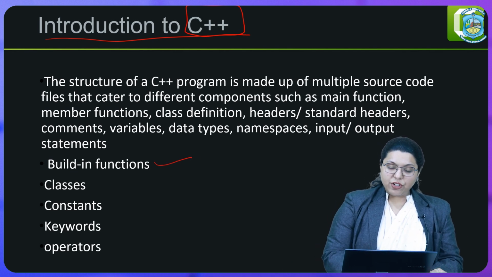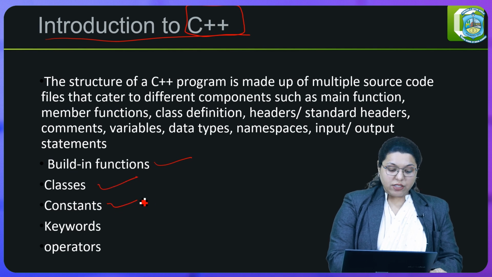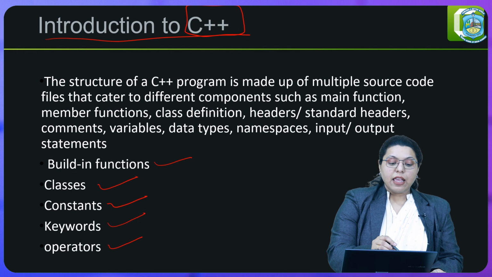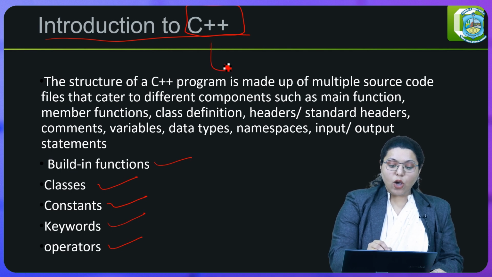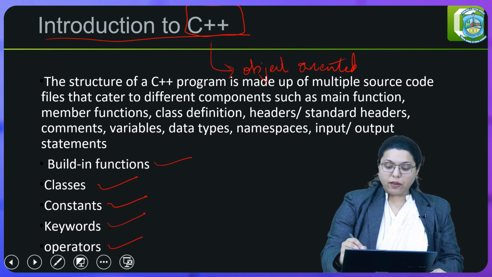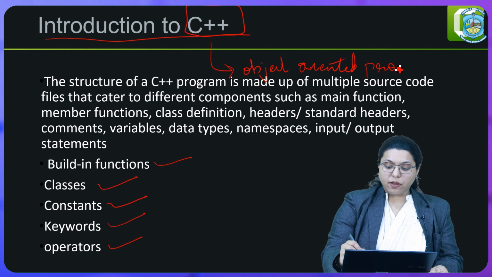There are built-in functions, classes, constants, keywords, operators, and so on. Here in C++, all the object oriented properties will be discussed.